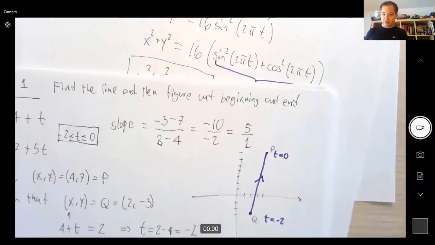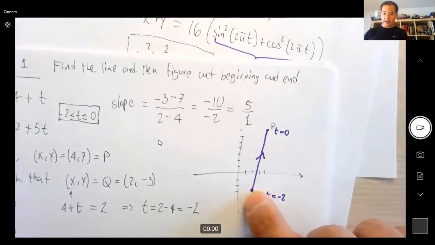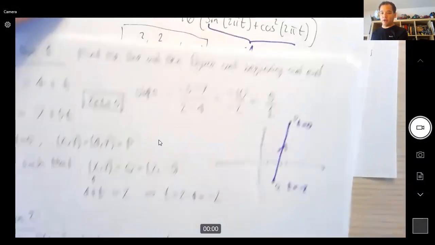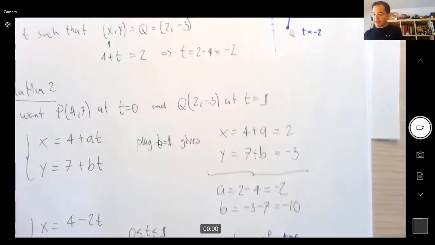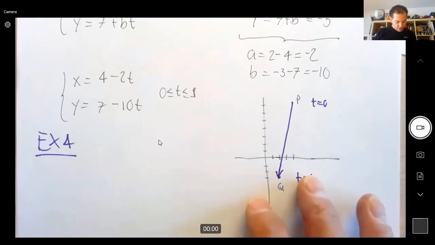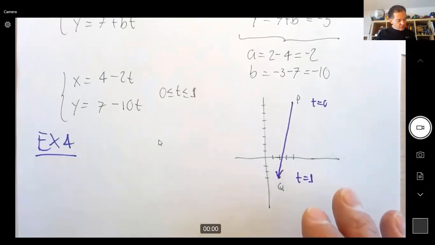And this one was drawn this way, starting here at -2 and then 2 seconds. So slower, right? Does that answer your question, Michael? Yeah. Good. All right. So let's do example 4, part C.